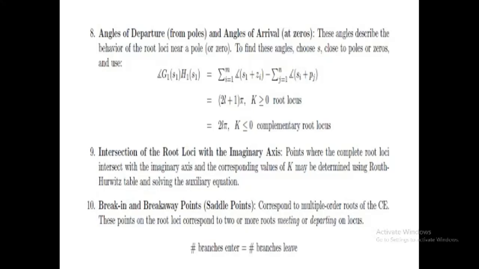Here the break-in and break-away points, that is saddle points, are given. These points on the root loci correspond to multiple-order roots, or to more roots meeting or departing on the locus, meaning branches entering equals branches leaving.